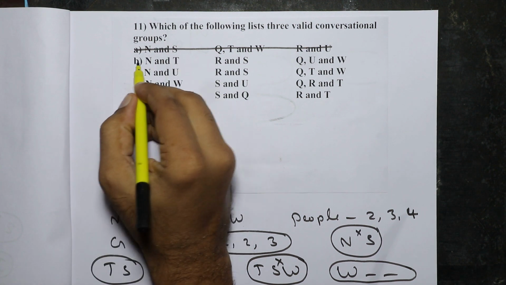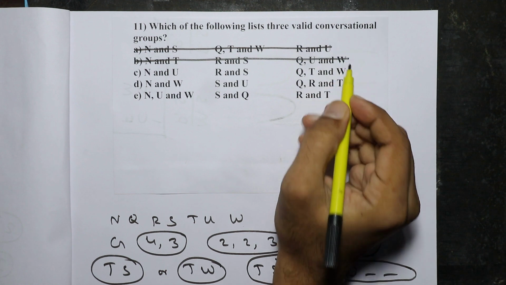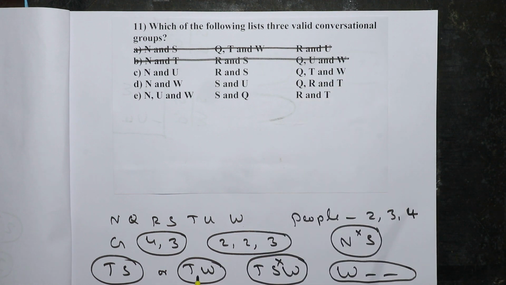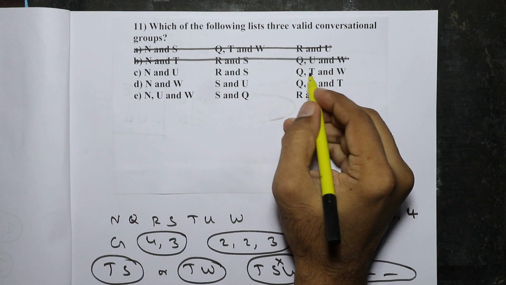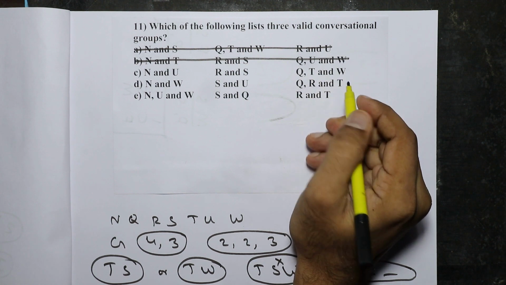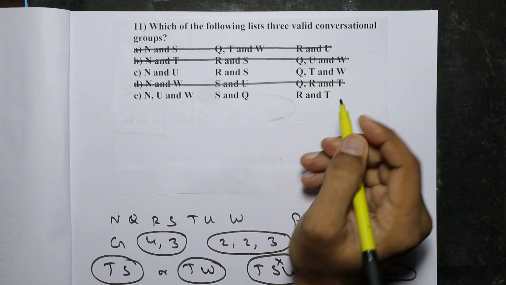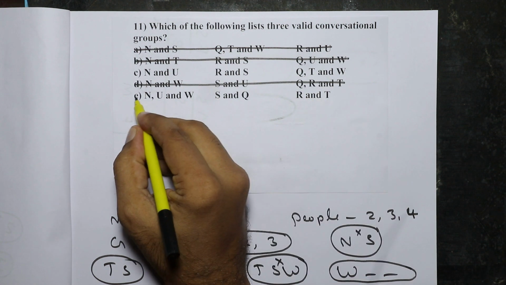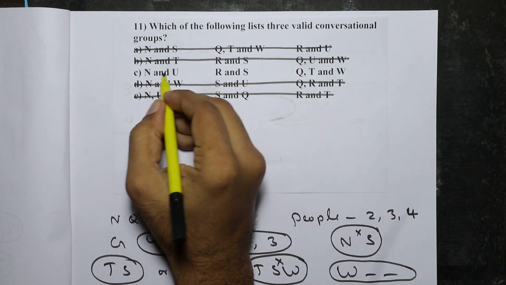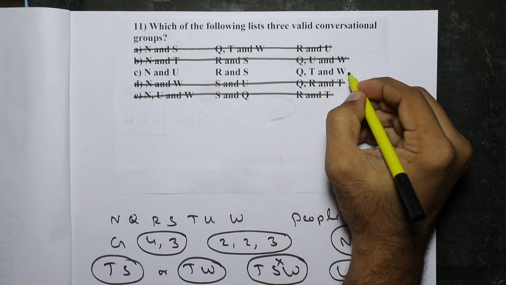So NT is not allowed. It has to be either TS or TW. Here TW is there, so that is okay. T, Q and R is not allowed. R and T is also not allowed. So the only possible valid group is option C.